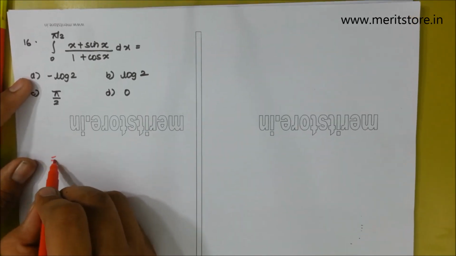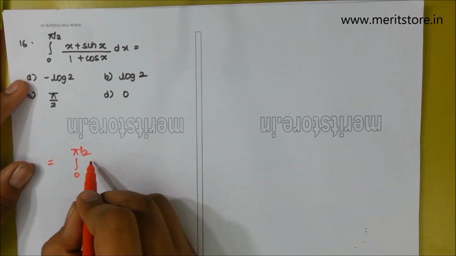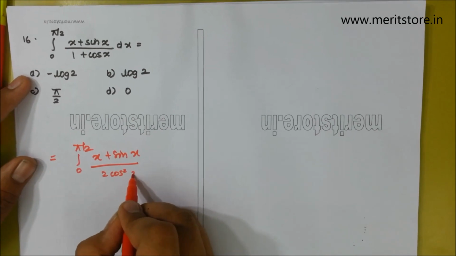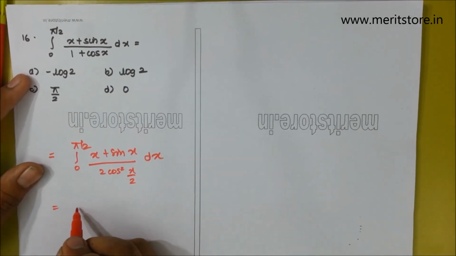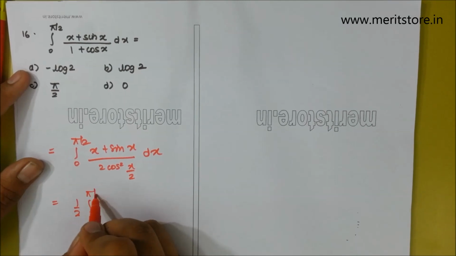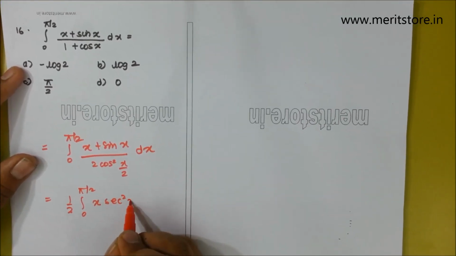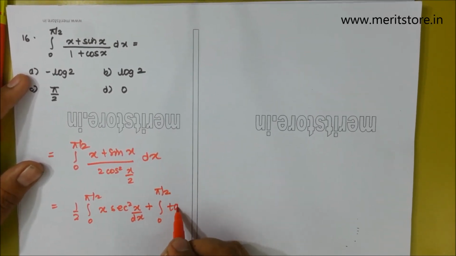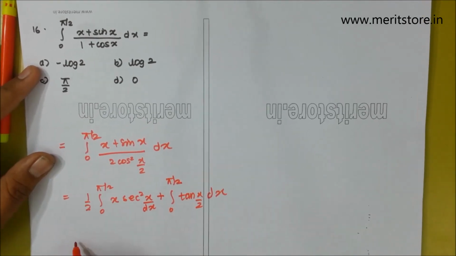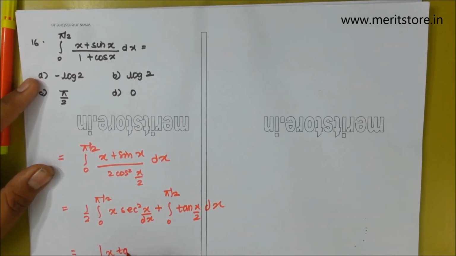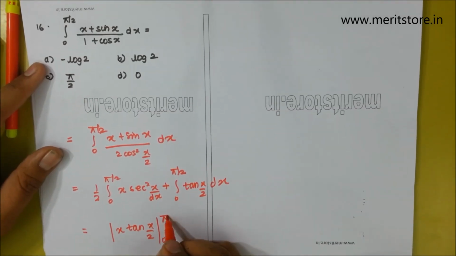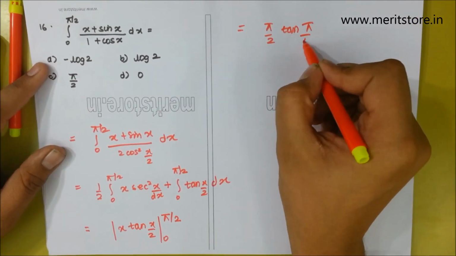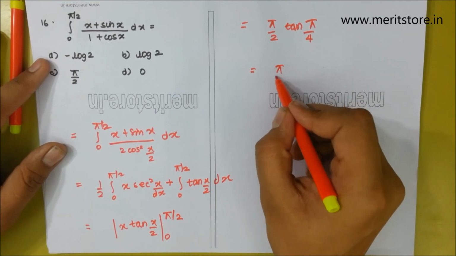Now this question can also be solved as from 0 to pi by 2 x plus sin x, and 1 plus cos x can also be written as 2 cos square x by 2, dx, which can be further solved as 1 by 2 taking common out, 0 to pi by 2 of x sec square x by 2 dx plus 0 to pi by 2 of tan x by 2 dx, which can be written as x tan x by 2 from 0 to pi by 2, which gives us pi by 2 tan of pi by 4, which is nothing but pi by 2.